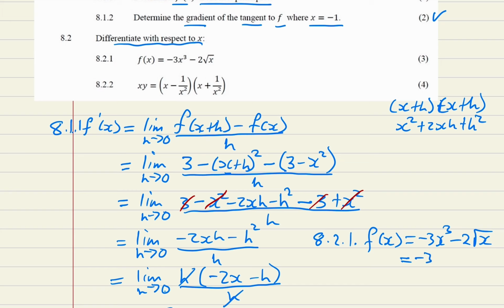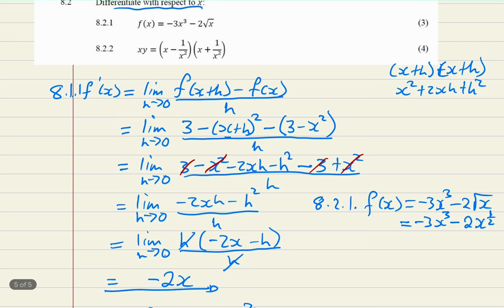This is negative 3x cubed minus 2x to the power of 1 over 2. Then from there we can now differentiate. When I differentiate, dy over dx is equal to negative 9x squared. This one will be negative x raised to negative 1 over 2.